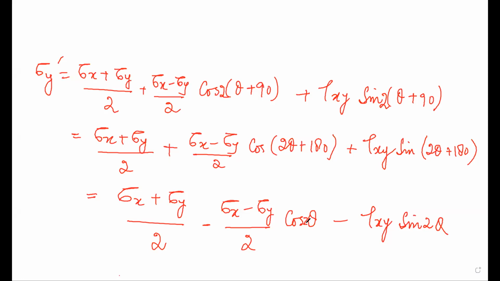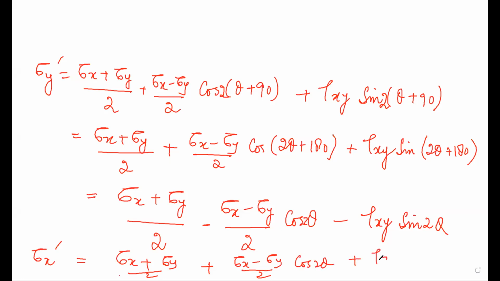Now compare it with the previous equation of sigma x prime. Sigma x prime was sigma x plus sigma y divided by 2 plus sigma x minus sigma y divided by 2 cos 2 theta plus tau xy sin 2 theta, isn't it? This was ours. You add sigma x prime and sigma y prime.